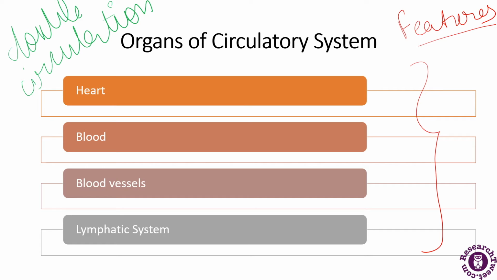If I talk about the heart here, it consists of four chambers, that is two atria and two ventricles. The human circulatory system also possesses a widespread network of blood vessels comprising arteries, veins and capillaries.